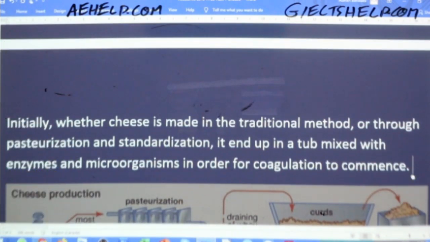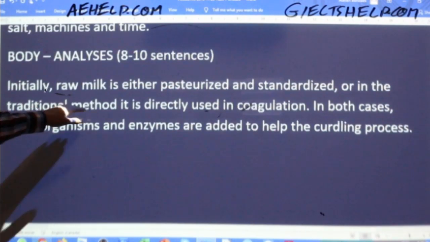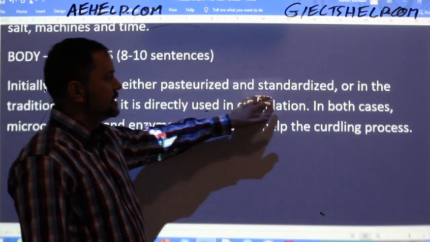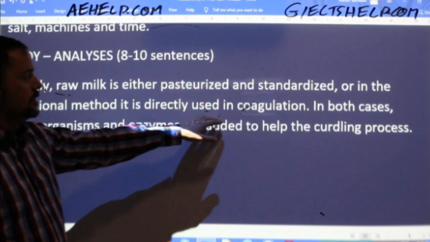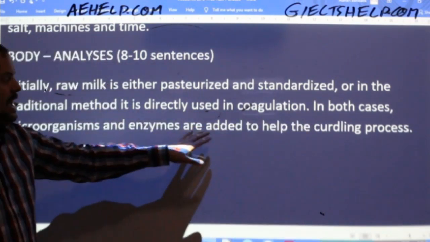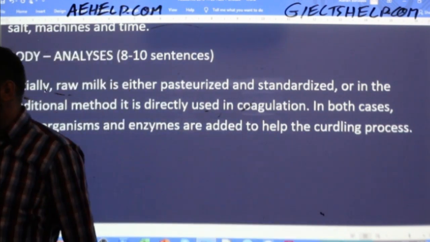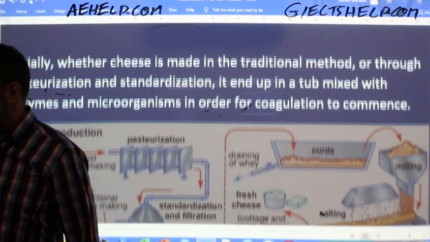All right, have a look at both of them. Okay, so initially raw milk is either pasteurized and standardized, or in the traditional method it's directly used in coagulation. In both cases, microorganisms and enzymes are added to help the curdling process. Now here's an alternative using whether or.